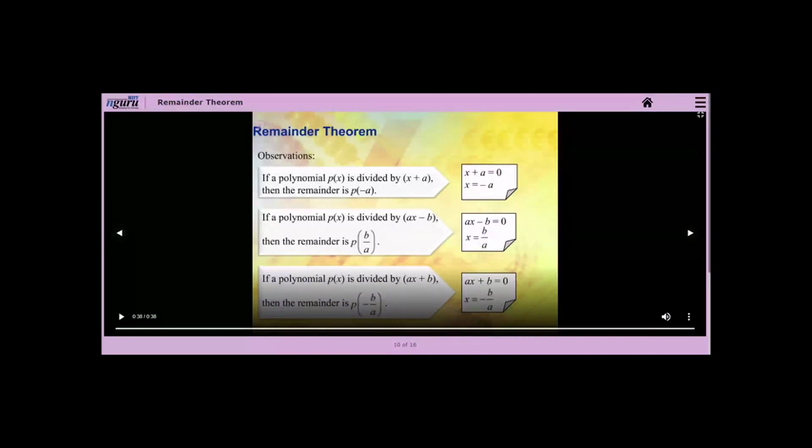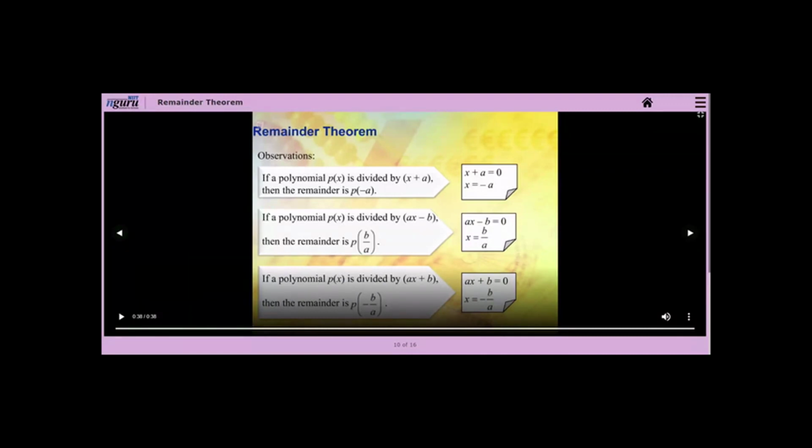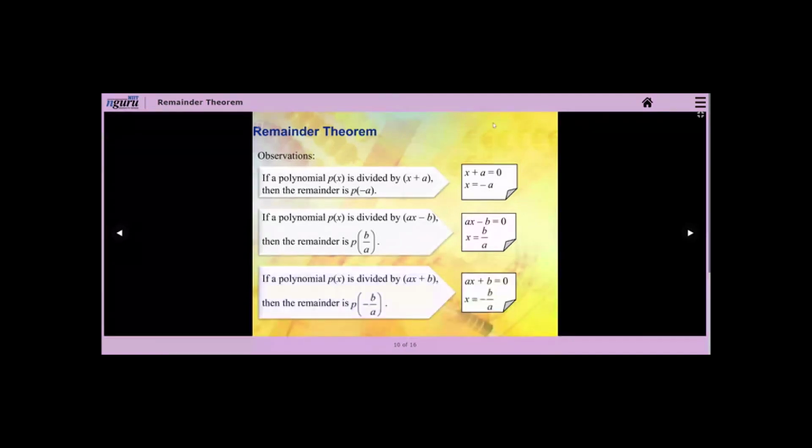When do you use the remainder theorem? For which type of question will you use the remainder theorem? Yes, ma'am. Tell me, when can you use it?